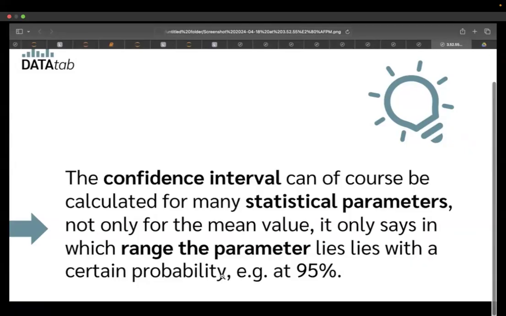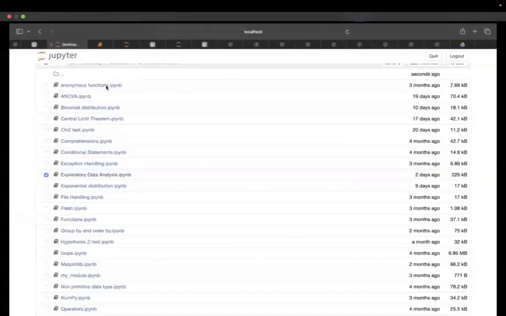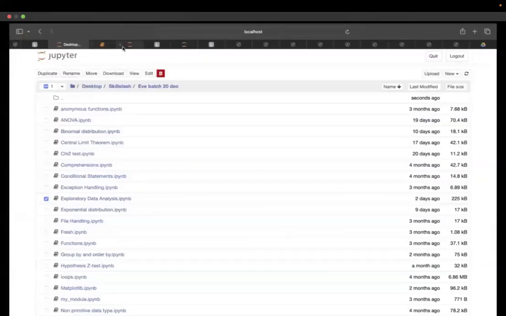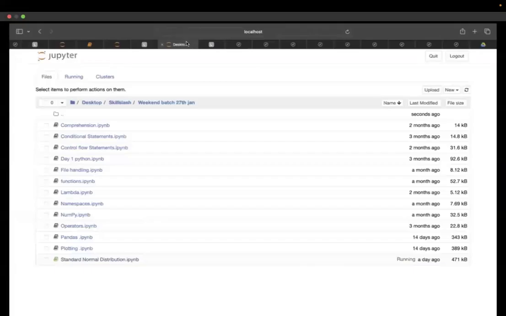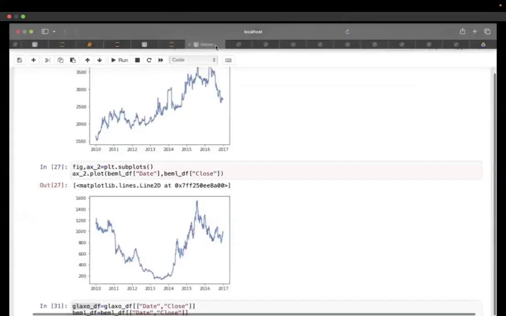Chalo, let's move forward. Let's open the Jupyter Notebook. I hope nobody has any sort of question. Let me stop the share and minimize this. That is correct, that is the same as the Z-score.